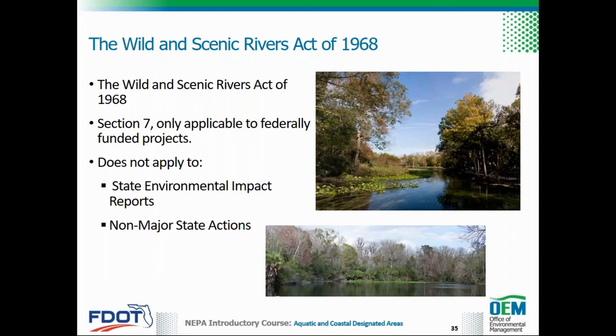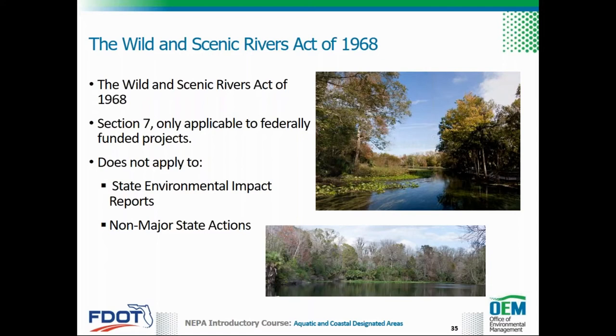The Wild and Scenic Rivers Act of 1968 identifies and preserves select river segments and their immediate surroundings possessing outstandingly remarkable scenic, recreational, geologic, fish and wildlife, historic, cultural, or other similar values in free-flowing condition for the enjoyment of present and future generations.